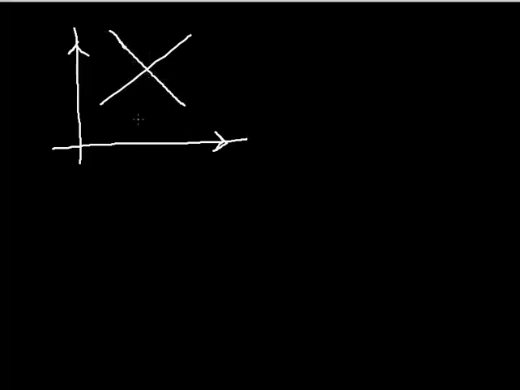I have been dealing with just one line, but there are cases where you have two straight lines, or even when you draw graphs, you can draw two different graphs in just one Cartesian coordinate. So we look at the relationship between two straight lines in a Cartesian coordinate depending on the angle between them. That's what we're going to be looking at in the next video.